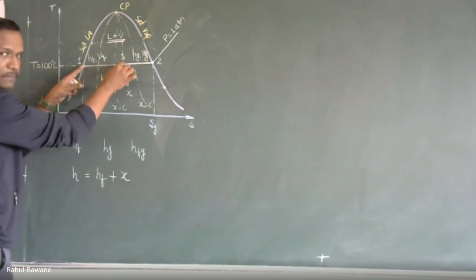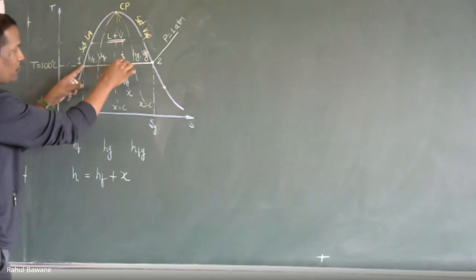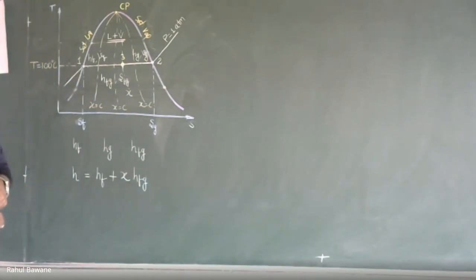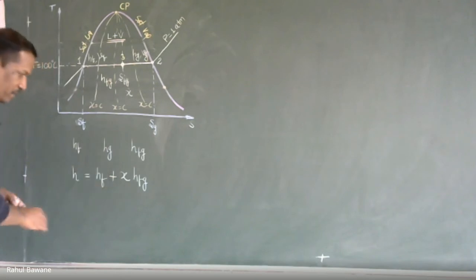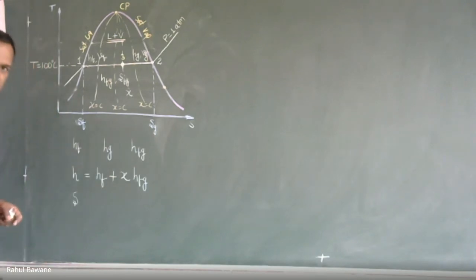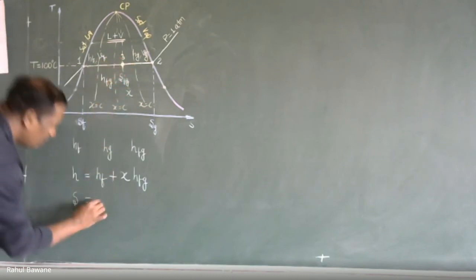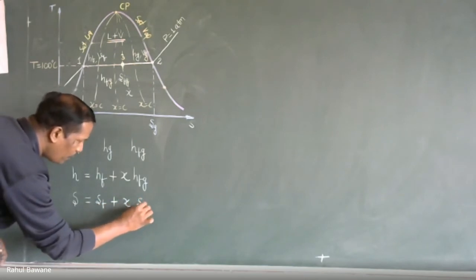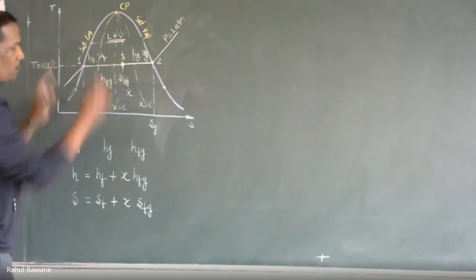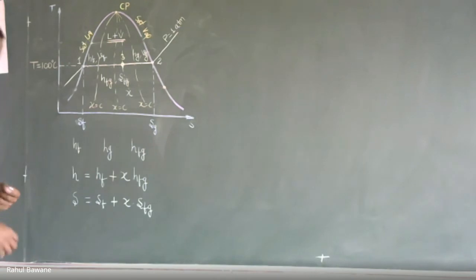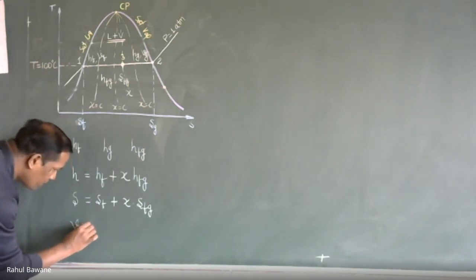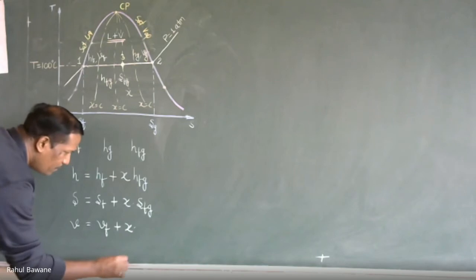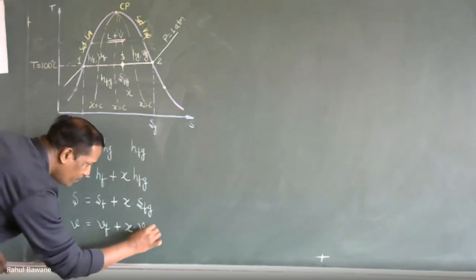This is wet vapor, wet steam, so for this portion we always write Hfg. In the same way, for specific entropy at point 3, it is entropy of fluid plus dryness fraction multiplied by entropy of fluid and gas, because it is wet.